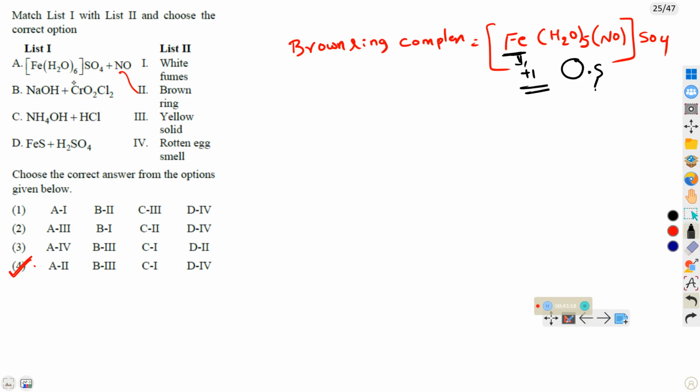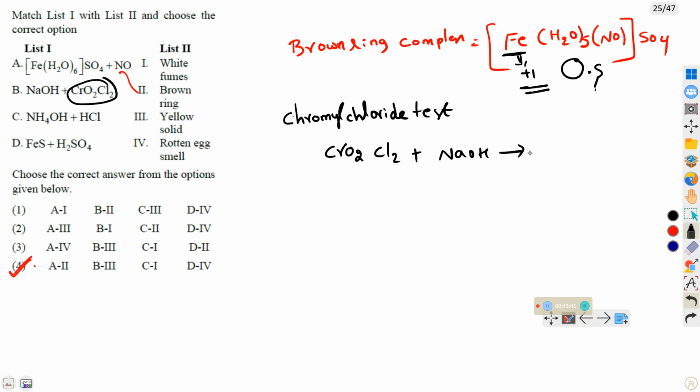Next, CrO2Cl2, chromyl chloride. Chromyl chloride test. Chromyl chloride reacts with base, then it gives sodium chromate Na2CrO4.